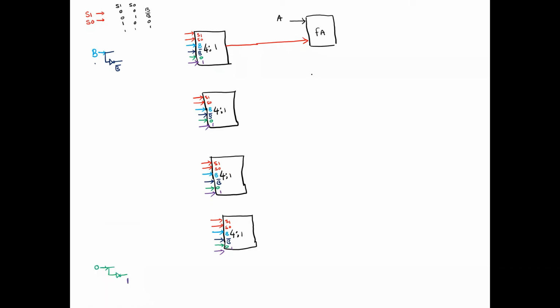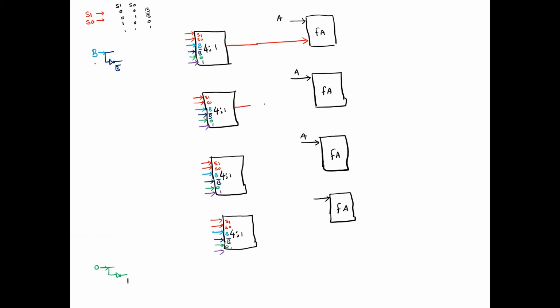Now similarly, we have another full adder. Again, for this full adder, we need A, and this full adder also requires input A, and another full adder we require input A. The other input for the first full adder will come out from this.